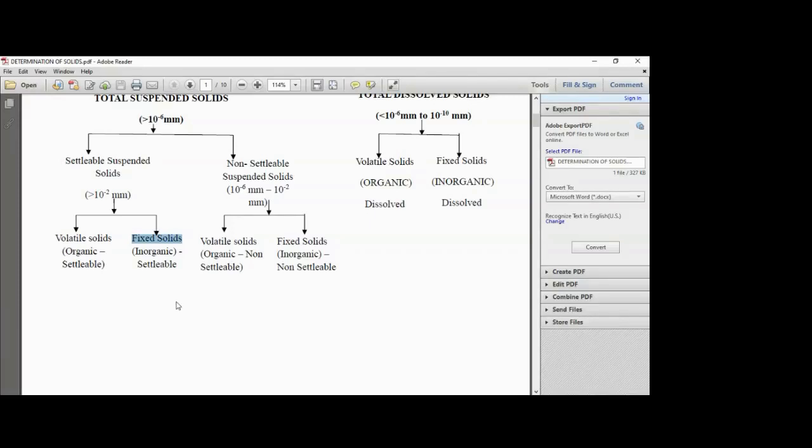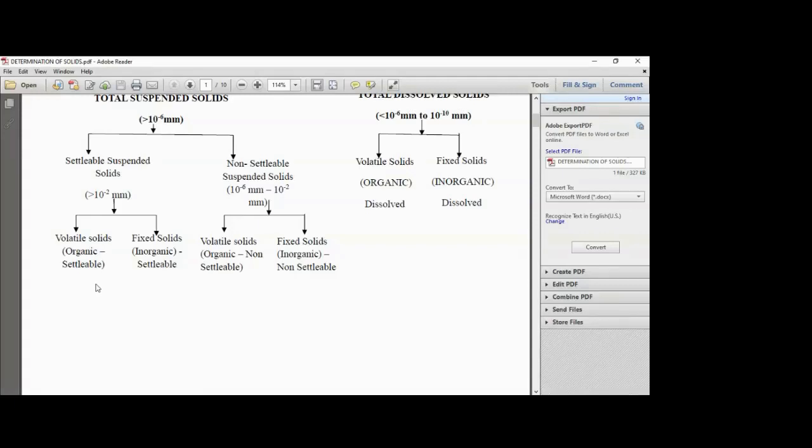So I'll be giving you a best example. If I take a piece of wood and I weigh that particular piece of wood, let's say that it is 2 kg, right? After I burn that 2 kg wood, all that wood will get burned, and what will remain is the ash. Let's say that that ash is 200 gram. So now what is the quantity of the volatile solids? 2 kg minus 200 grams is equal to 1800 gram, which was the volatile solids.